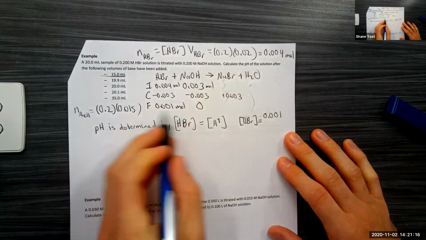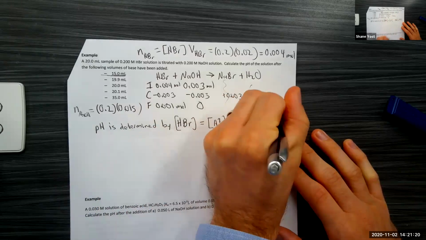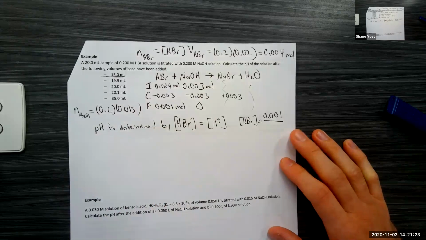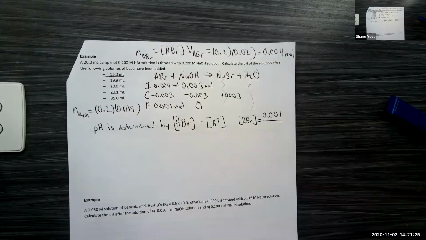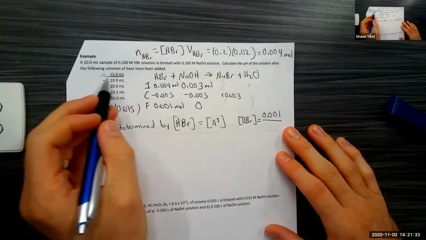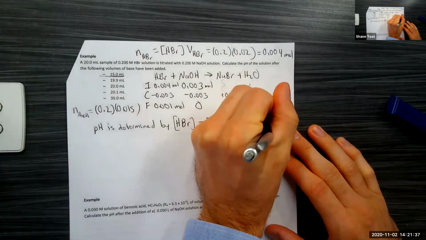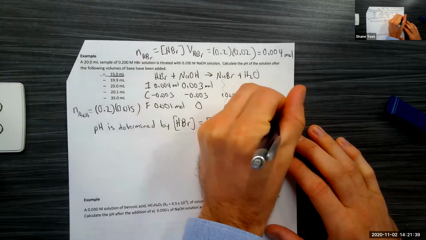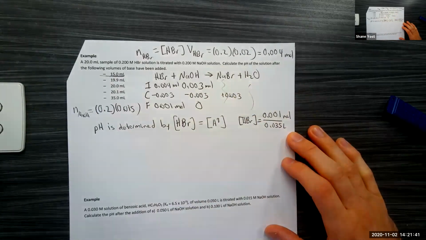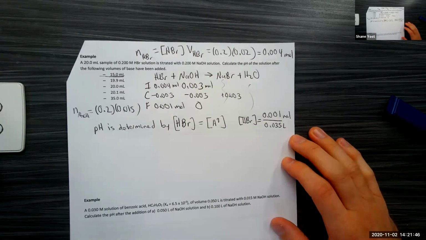The moles of HBr left is 0.001, which is what we figured out. And my volume is the total volume of the solution: the initial volume of HBr plus the volume added with sodium hydroxide. So it's the 20 milliliters plus the 15 milliliters, for a total volume of 0.035 liters.